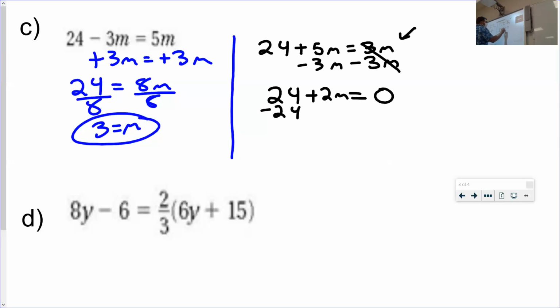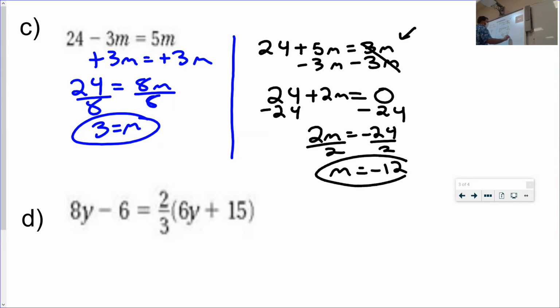I would minus 24 on both sides. 2m equals negative 24. Divided by 2, divided by 2. M equals negative 12. This is not going to be the same answer as the other one. This is a completely different question. But I want to point out, sometimes that might happen where you subtract everything from one side and you get what you get.